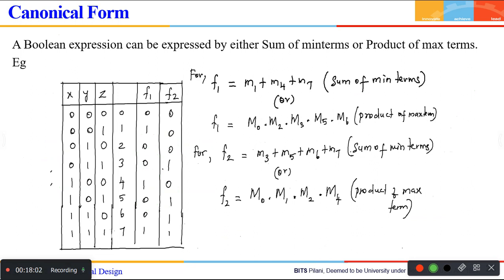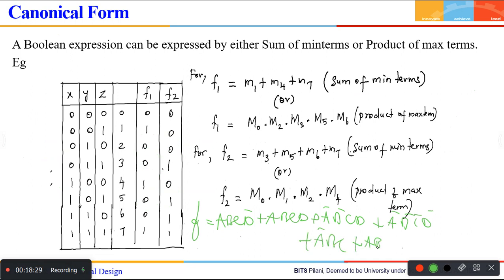See, suppose you have a big equation. Assume that you have a 4 variable Boolean function, right? Just see how much time it takes for me to write an equation of the form a b c d bar plus a b c d plus a bar b bar c d plus a bar b bar c bar d bar plus a bar b c plus a b c d bar plus, and so on.